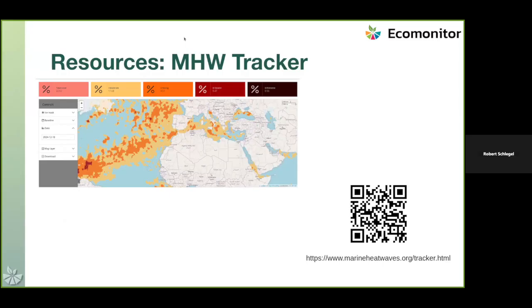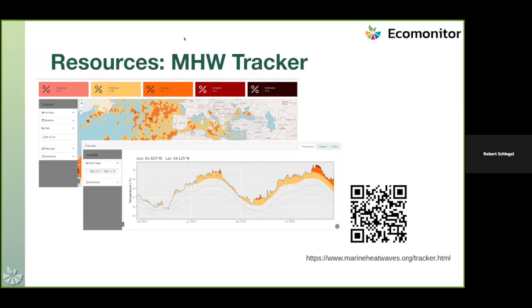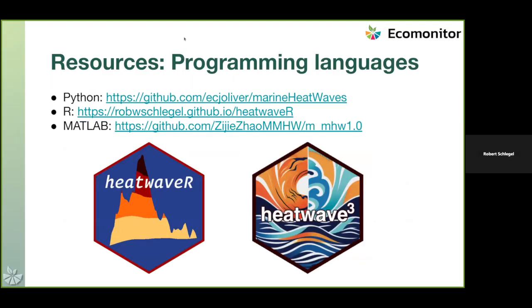It's operational, so it's about a 2-day delay to real time, back to 1982, January 1st. You can load them. It's like Google Maps. You can scroll around and you can click on individual pixels to load up the time series. You can explore however you prefer, and you can download all those data to use for your own purposes. This is used in science as well as in journalism. I see these figures popping up on occasion in posts about marine heat waves. There's also a Twitter account that posts about this stuff.